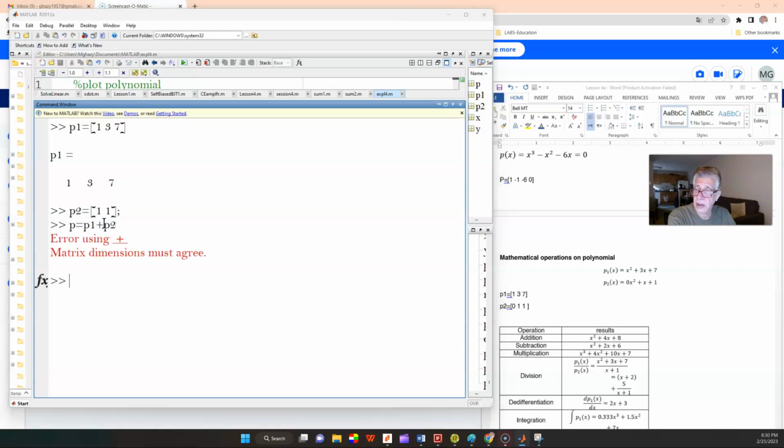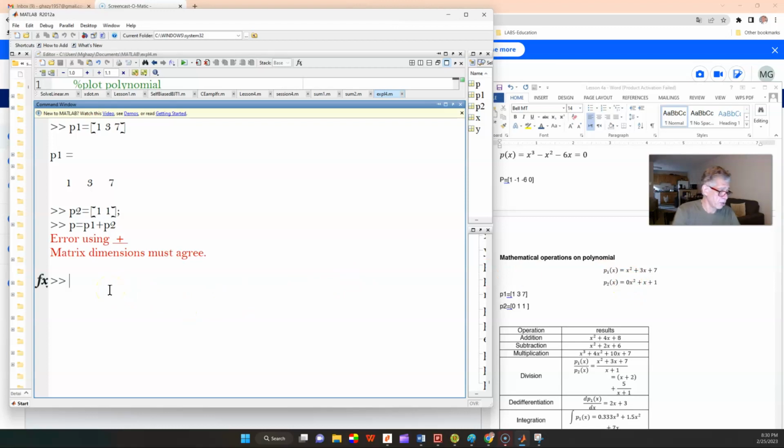If I do that, you will get an error, even though you represent P2 in the correct way, because polynomial P2 is x plus 1. But when you are adding or subtracting, the number of terms of both polynomials should be equal. So if you have 3 terms here, you have to have 3 terms here. That's why I added 0x squared.